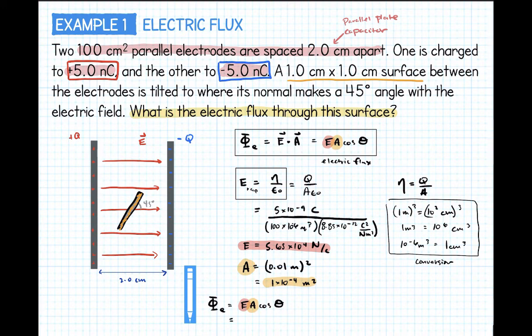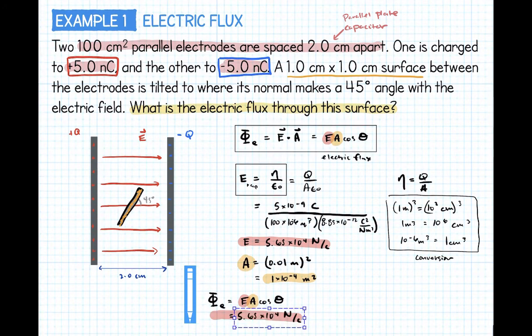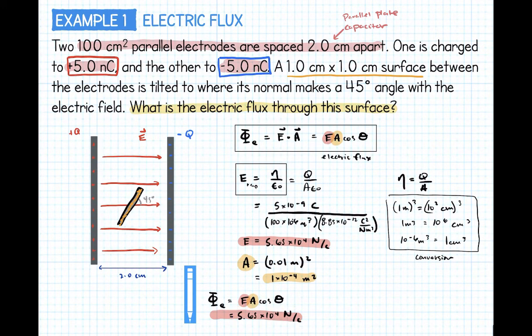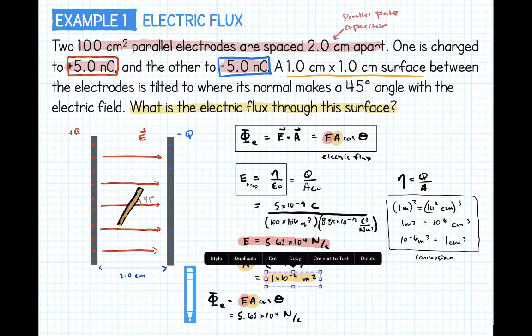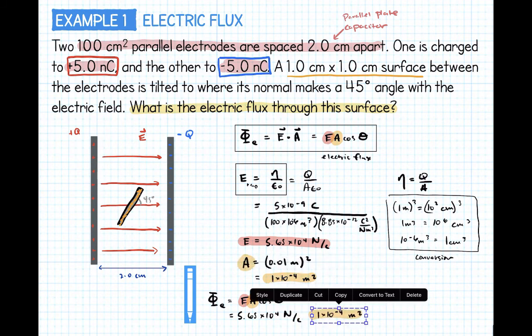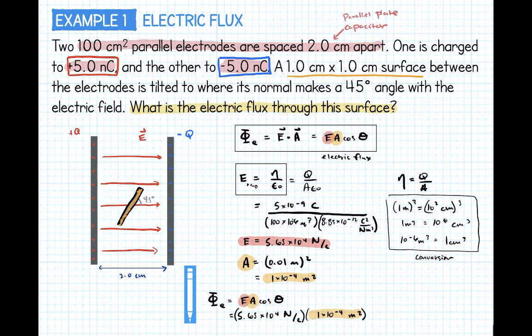So that's going to be this, and this, and then cosine 45 degrees, that's the angle between them, and this should give us 4.0 newton meters squared over coulombs, which is our final answer.